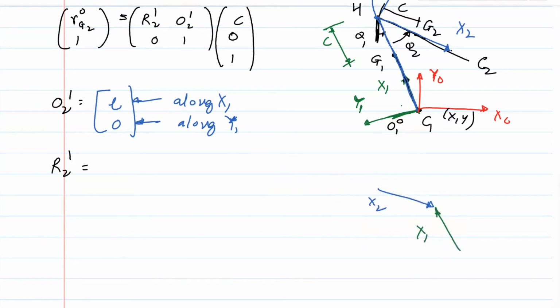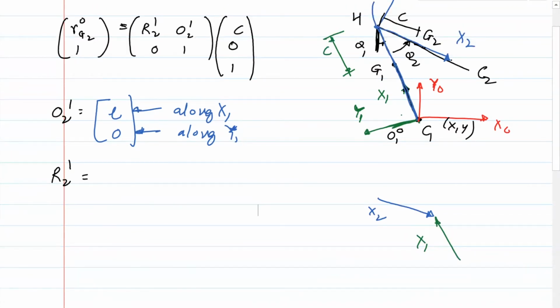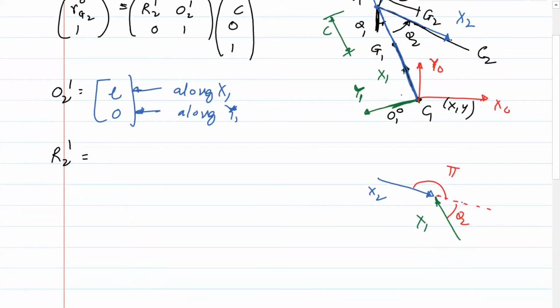So I need to find the angle between the two. Okay, so let's see. So we have theta 2 is this angle, and then this angle has to be pi, right? Because that's a straight line.